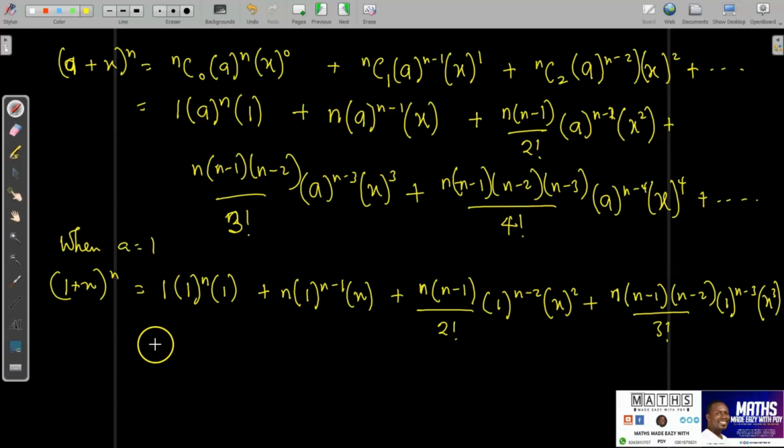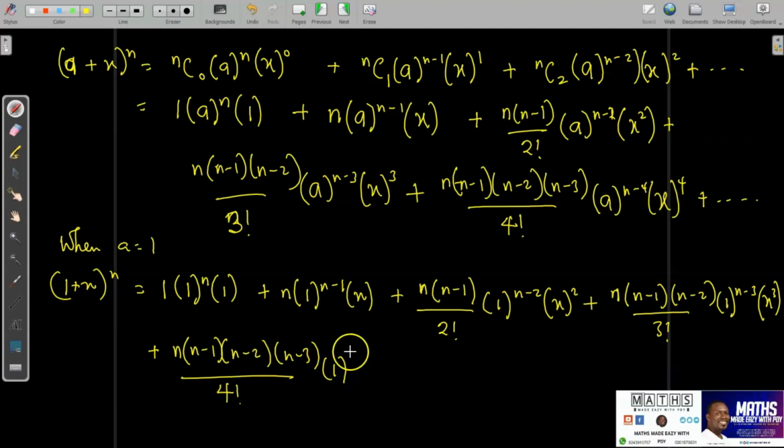Then adding the fourth term to it, we have plus n times n minus 1 times n minus 2 times n minus 3 all over 4 factorial multiplying 1 to the power n minus 4 and then x to the power 4. Please, are you all clear? Yes, sir.